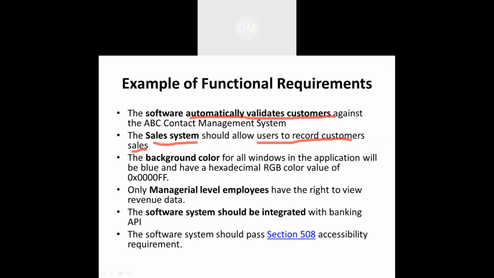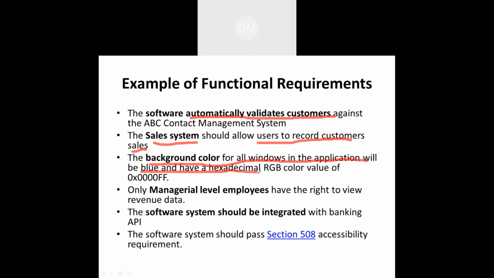Now, the third functional requirement is that whenever we are using any application on any operating system, the system has a default background color set. For example, the background color for all Windows applications will be blue, and it has a hexadecimal value.